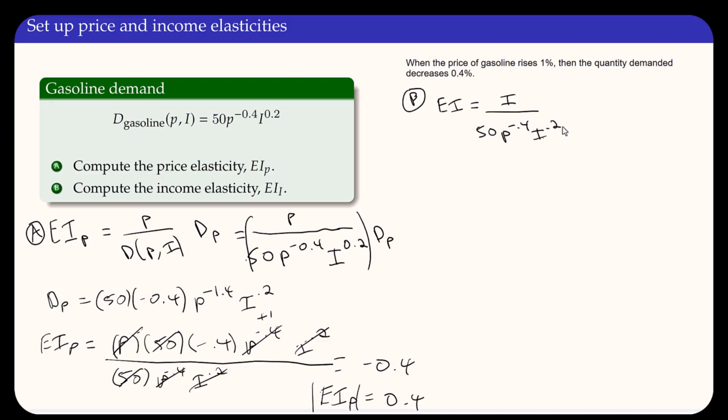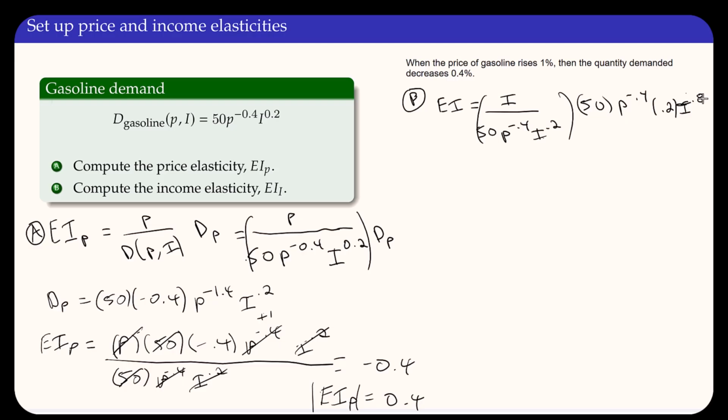And we'll do this in one shot, so I'm going to multiply that by the derivative of the demand function with respect to I. So we're going to get 50 times P to the negative 0.4 times 0.2 I to the negative 0.8.